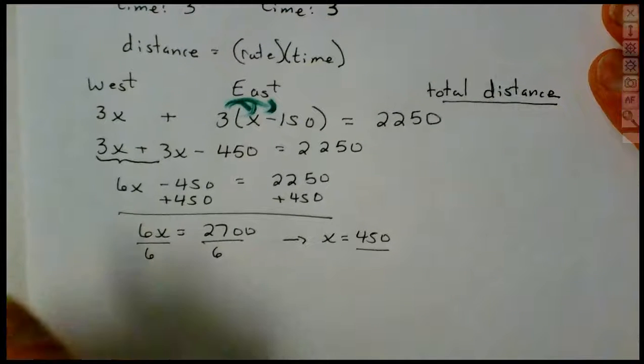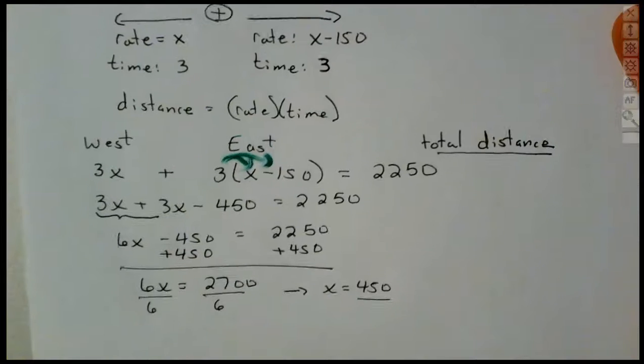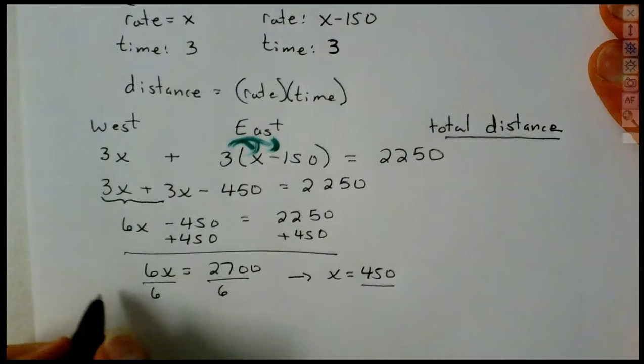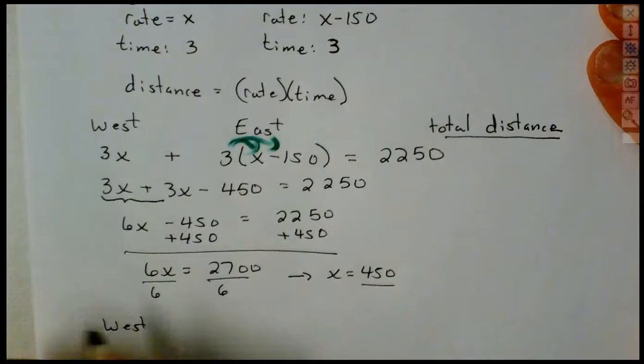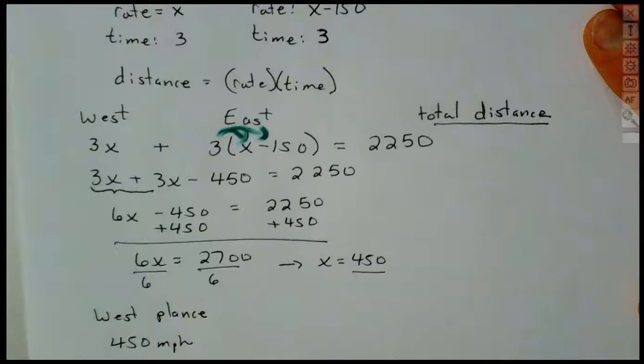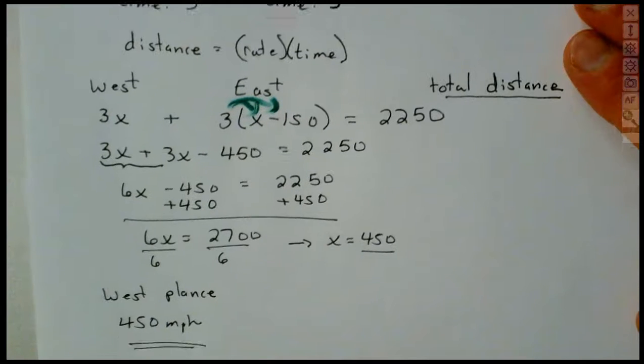So when we talk about the rate of speeds, we need to go back, okay, and the western airplane is x. So the western airplane rate of speed is x, so that's going to be 450 miles per hour for that one. And the eastern airplane, it's 150 less.